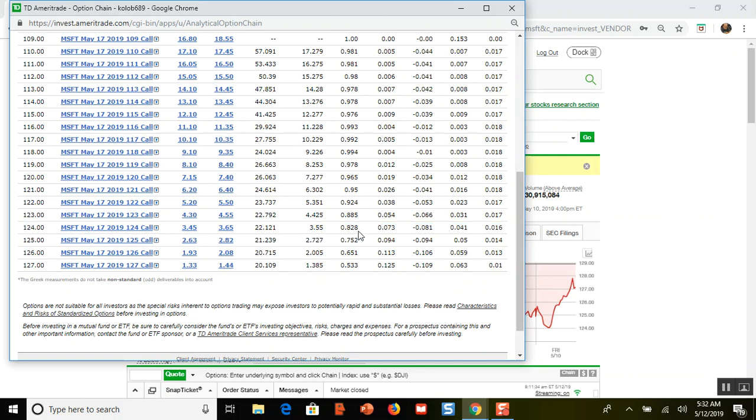So Microsoft barely has to move, and already the delta on your short call is higher than the delta on your long call, and you do not want that, because the problem when that happens is that, let's say you had this 125 call, and for some reason you had a 124 call. That means for every dollar that Microsoft goes up, you make $75, but you lose $82. So that creates a net loss for every dollar it goes up.